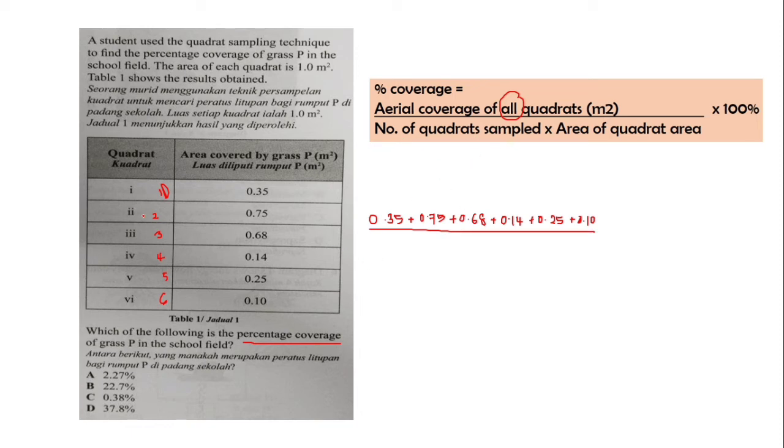Total number of quadrats, we have 6 quadrat samples, and the area of the quadrat is 1 meter square. So we times by 100. So we get answer D. Easy?